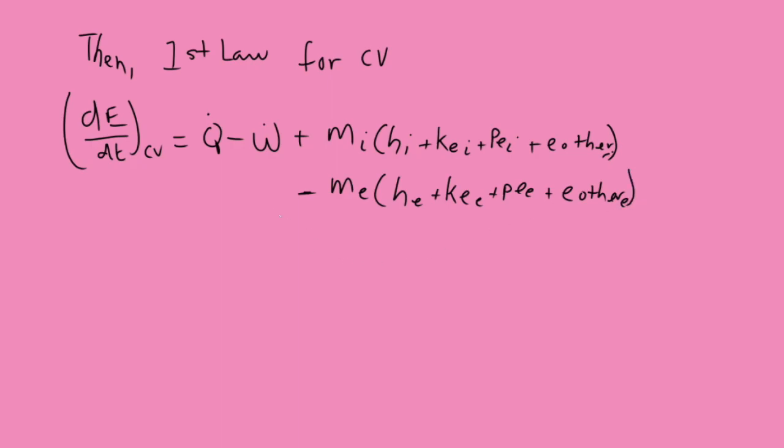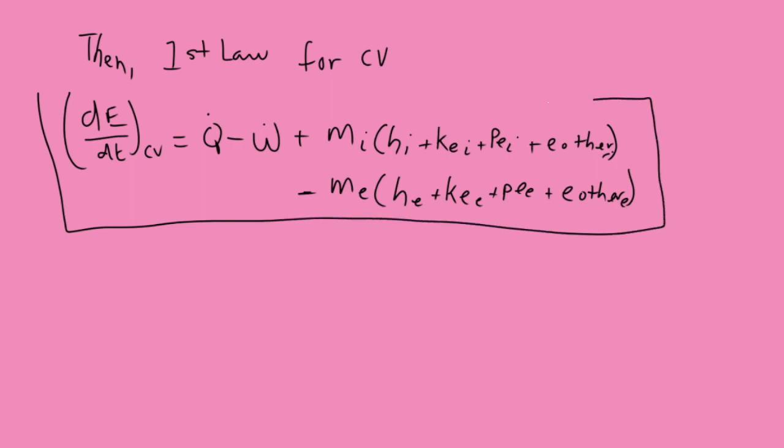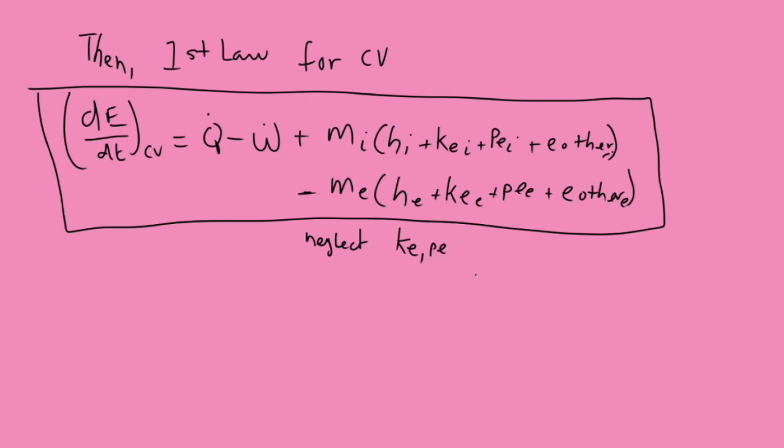All right. So this is our first law equation for a control volume, for all control volumes. So the one nice thing is if we neglect, and we typically neglect kinetic and potential energy unless we state otherwise.